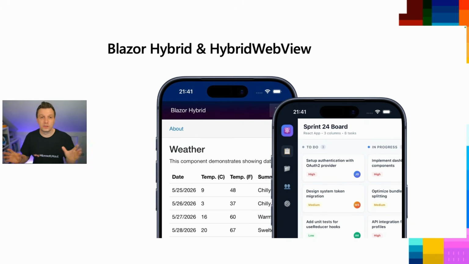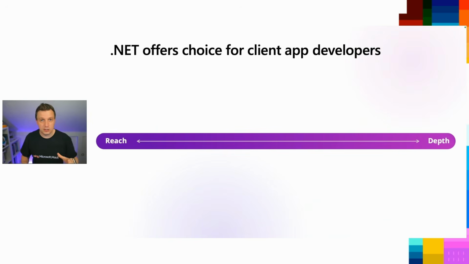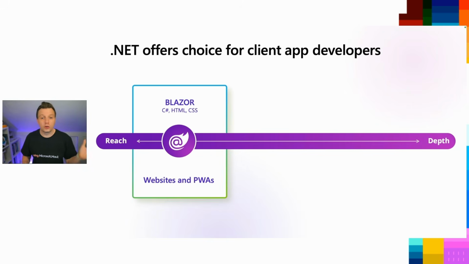So lots and lots of options for everyone depending on where you are in your development lifecycle and what you want to do. The .NET ecosystem has a rich choice for every developer, for every audience. If you want to go for reach, then you probably want to go with Blazor in the web browser. Everything that runs a web browser, you can take your Blazor app there.